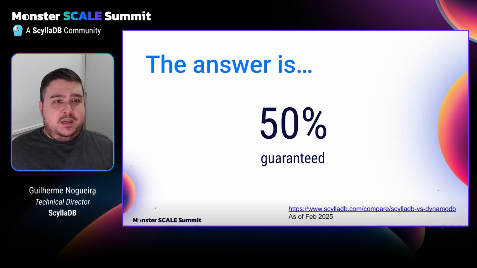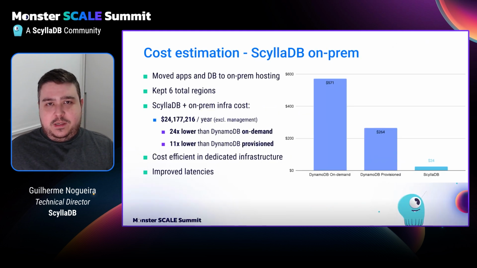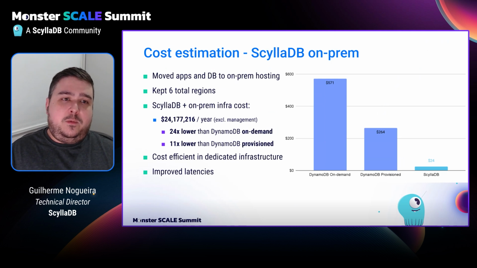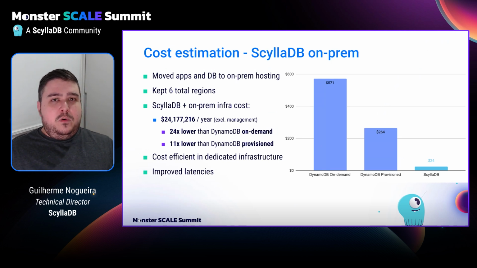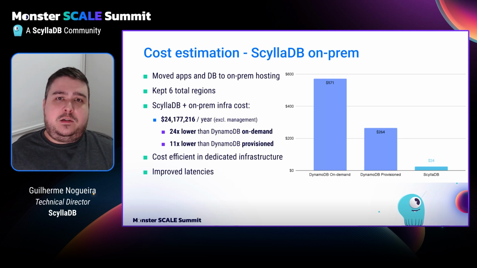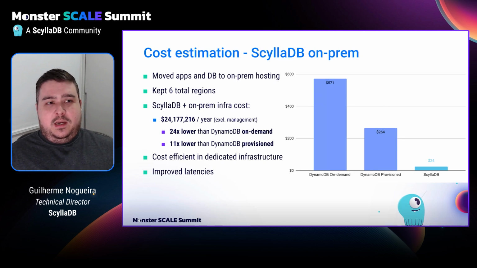This is a generic campaign for pricing, but going deeper into the estimation that we discussed earlier, this user moved from AWS into on-prem hosting. So all the hardware, networking, and inter-site networking was owned by them, and the cost was really shared across all the applications, databases, and users on their network.